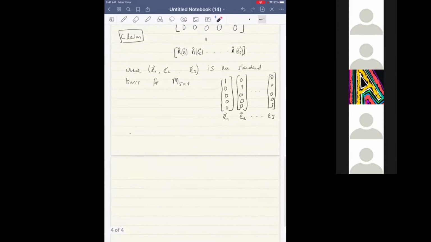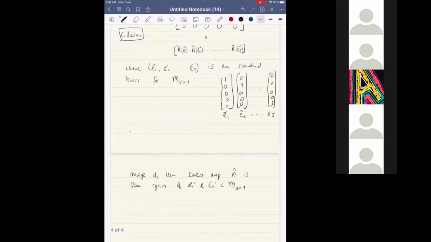Let me write it down and then let's justify this. The image of the linear map A hat is the span of E1 prime and E2 prime in 3 cross 1 matrices.